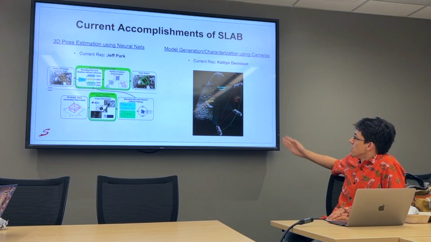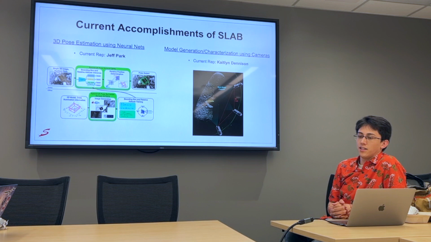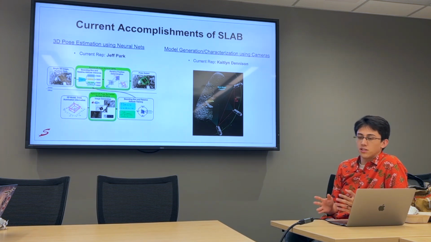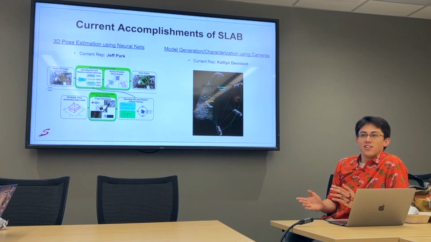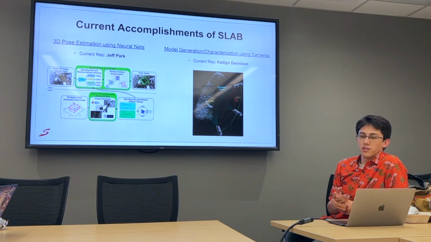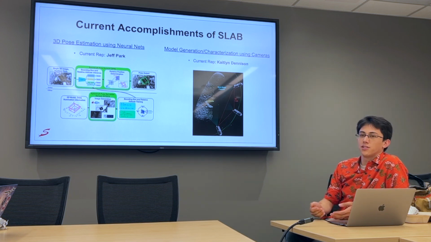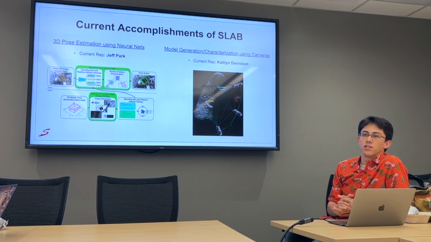On the other hand, on the right, you have an unknown asteroid where the model was built from structure from motion type algorithms, but it's large. It's like a potato. The approach will be a little bit different. So can we take these ideas and bring them a little further to generate a 3D model of an unknown spacecraft?